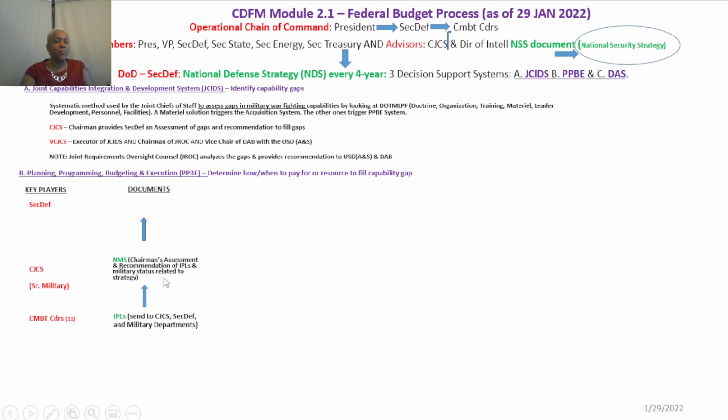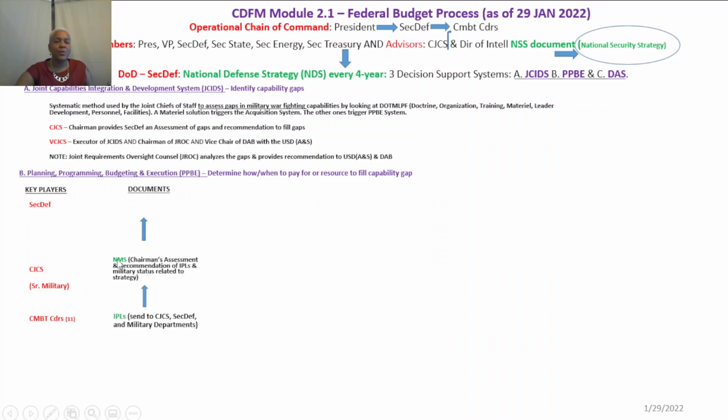Once we identify what the DoD needs to get done, then the chairman needs to annotate what the military strategy is going to be. He also looks at the requirements for the combatant commanders and provides an assessment and recommendation to the SecDef. So when you are asked who is the author, who writes the National Military Strategy, the chairman of the Joint Chief of Staff writes the National Military Strategy.